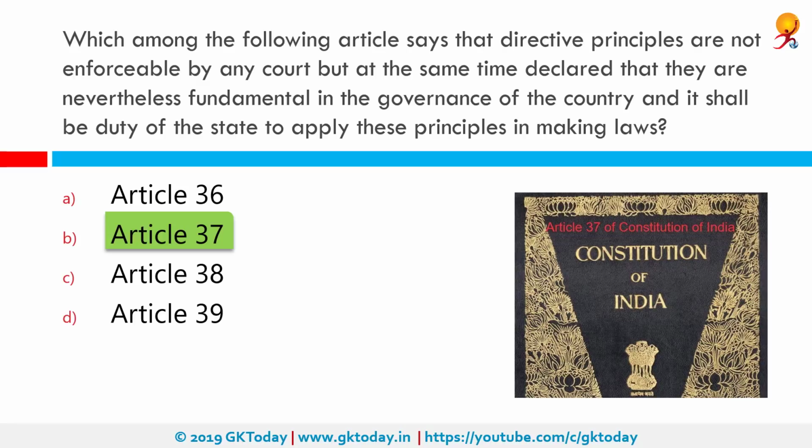The provisions contained in this part shall not be enforceable by any court, but the principles therein laid down are nevertheless fundamental in the governance of the country, and it shall be the duty of the state to apply these principles in making laws. The reason these are not compulsory or not valid for judicial review is that we consider the fact that states may not have the resources to implement all of these.